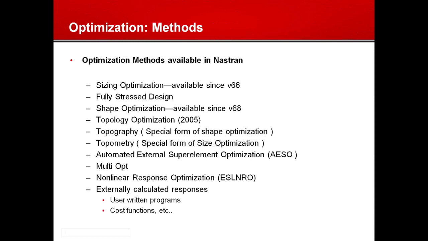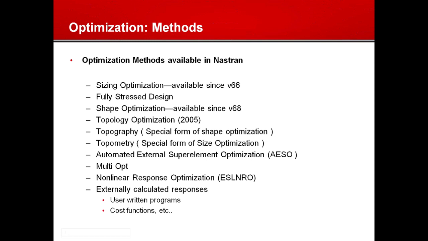And then we have a multi-opt capability to be able to optimize different topological models simultaneously. You might have a model for acoustic, and you might have a model for static stress analysis, and you can optimize these different models simultaneously. Then we have nonlinear response optimization also allowed, where you can have contact in your optimization run.